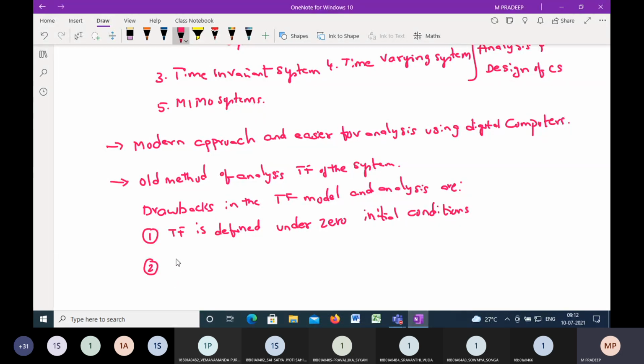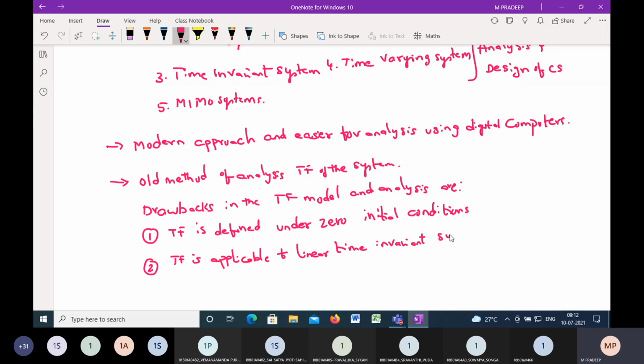And the second drawback is that the transfer function should be applicable to linear time invariant systems only.